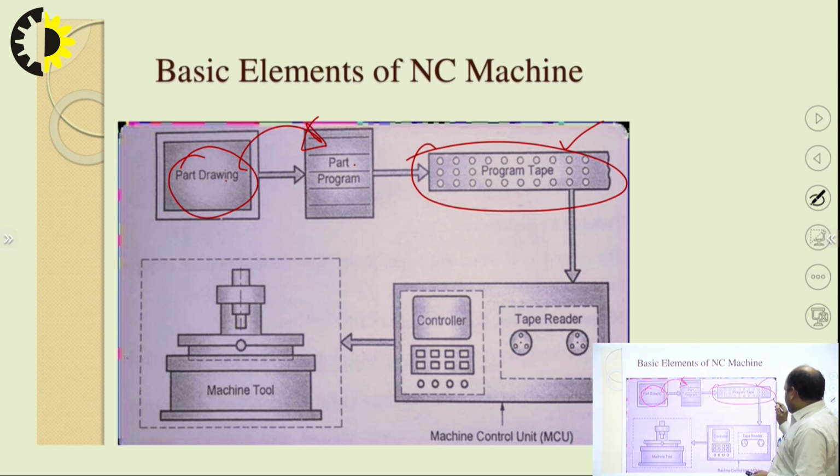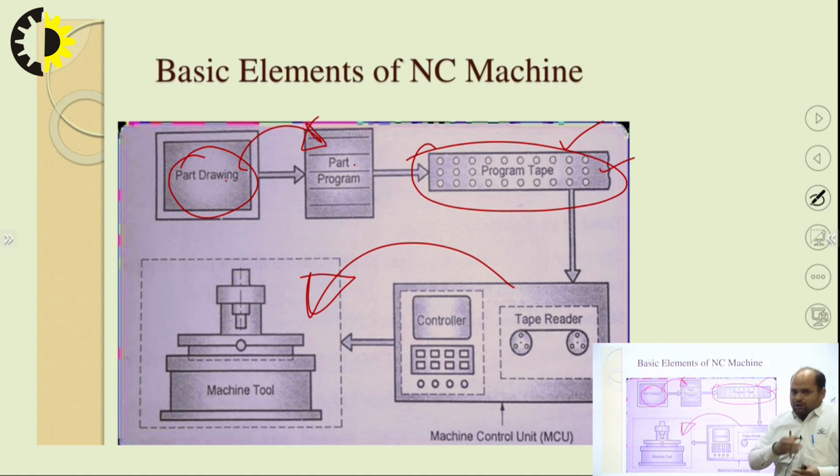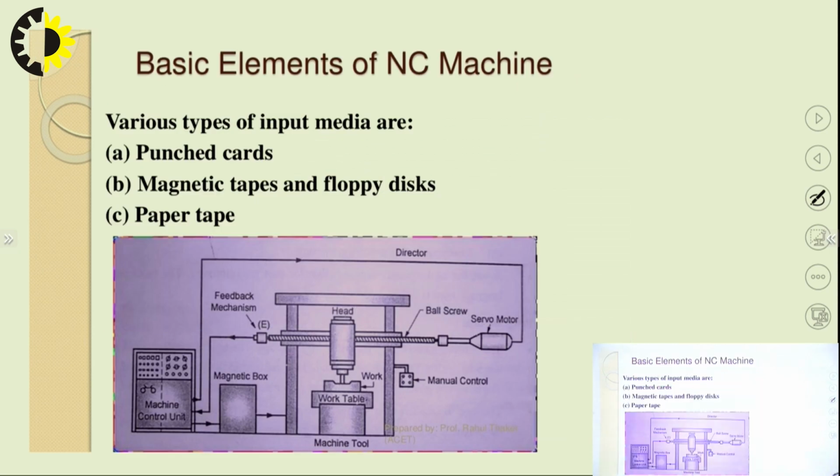The program tape is usually read by the tape reader, which can decode the steps of the manufacturing procedure, and after that it can transfer the program execution to the machine tool. So accordingly the machine tools will work. The program instructions, which I was talking about in the earlier slide, can be prepared according to the sequence of operations.